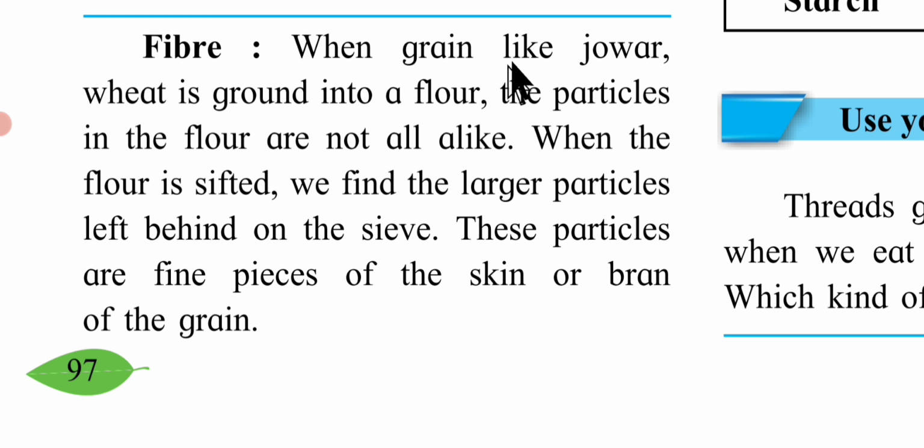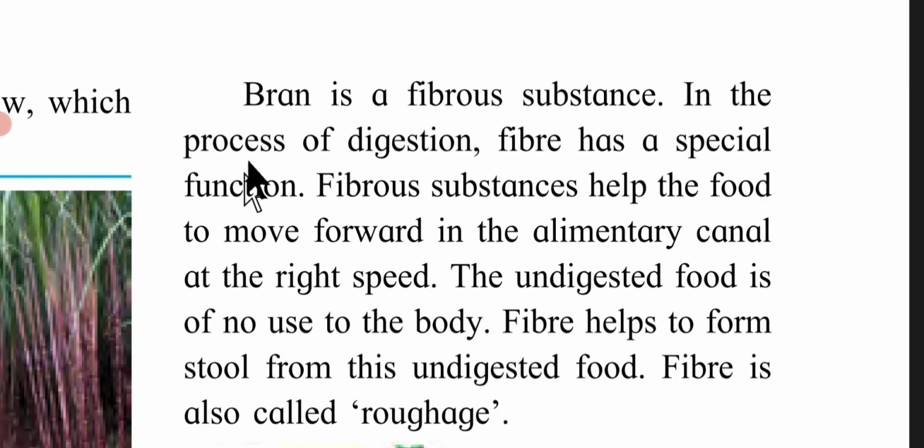When grain like jowar, wheat is ground into flour, the particles in the flour are not all alike. When the flour is sifted, we find the larger particles left behind on the sieve. These particles are fine pieces of the skin or bran of the grain. Bran is a fibrous substance.